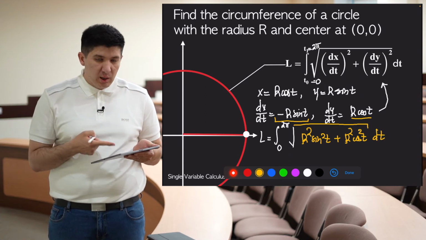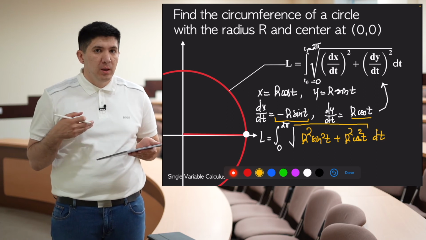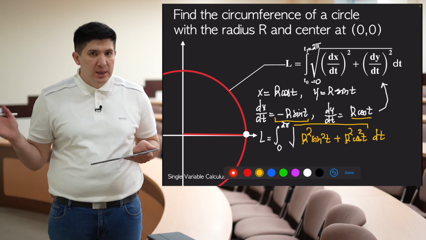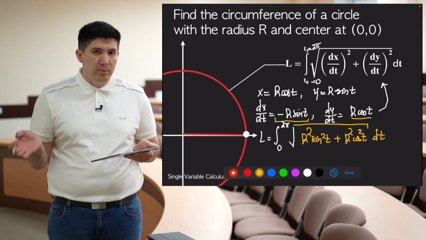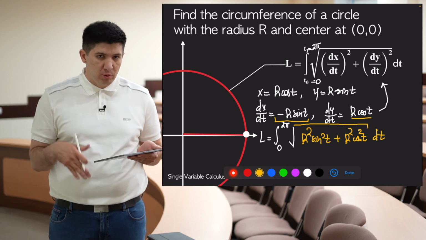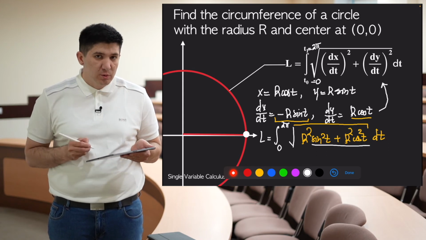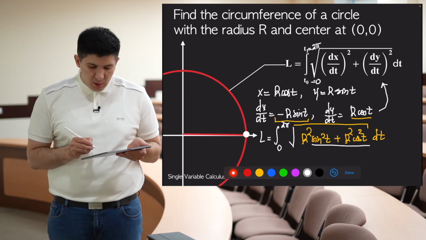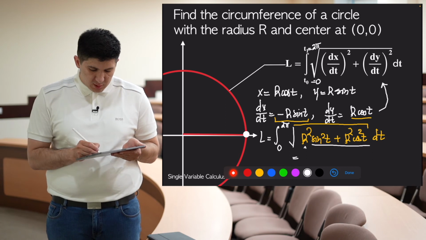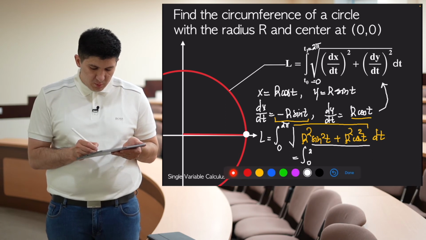You can see here that r squared is a common term for both of the terms. I can take r squared out of both terms and even out of the square root. And what is going to be left inside is simply sine squared plus cosine squared, which is equal to 1, right?